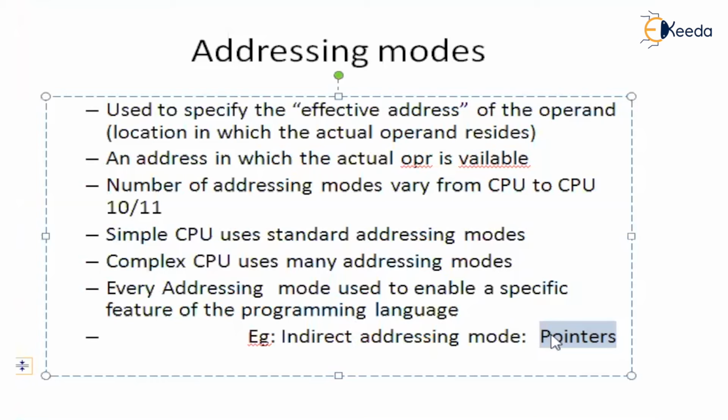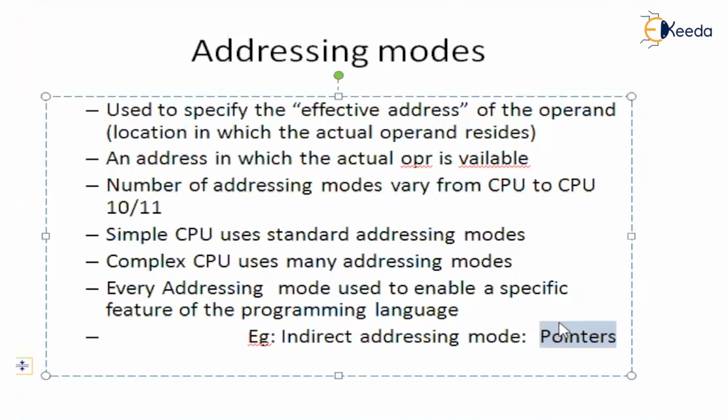Pointers cannot be implemented on a processor in which there is no support for the indirect addressing mode. Similarly, every addressing mode is going to enable one or the other feature of a program. There are several features that will be used by a programmer, such as loops and program relocation. Pointer is one of such features.